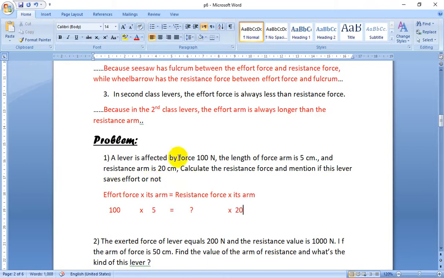So we have effort force, force arm, resistance arm.